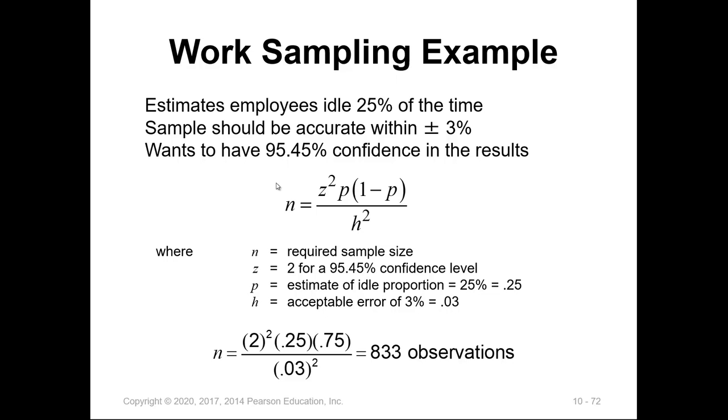So using the z value for 95.45%, z will equal 2. Once we substitute all the values, with the 25%, the plus and minus 3%, and z equal to 2, we will find the number of observations, which is 833 observations.